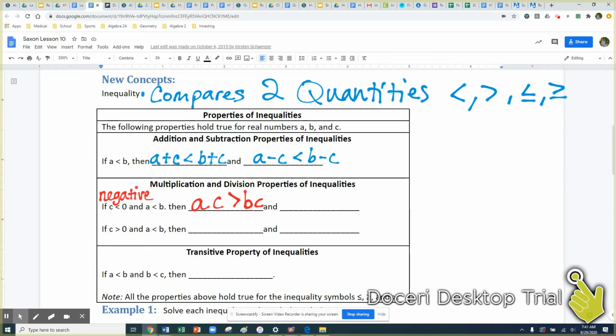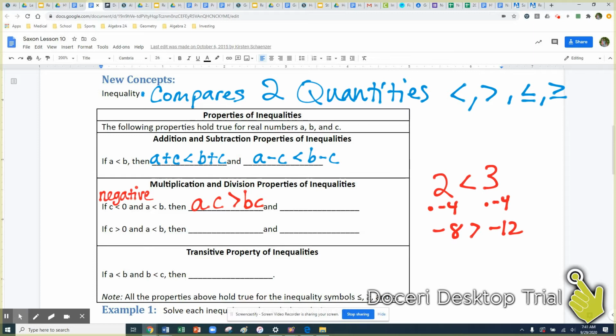And you can do little quick tests, like this: 2 is less than 3. If I multiply this side by negative 4, and this side by negative 4, now I have negative 8 and negative 12. Looking at that, negative 8 or negative 12, which one is bigger? Which one is closer to 0? Negative 8, right? So now I've switched the sign.